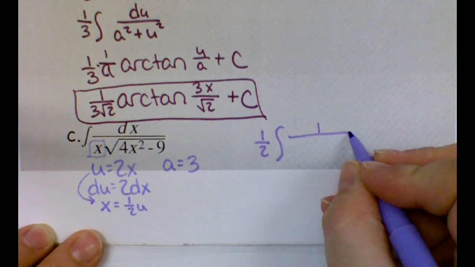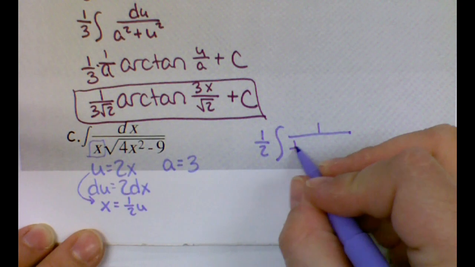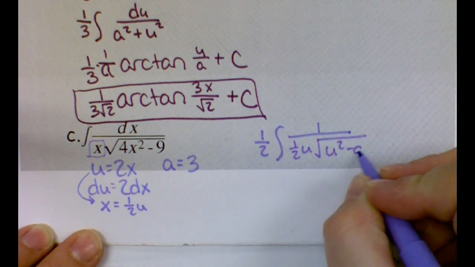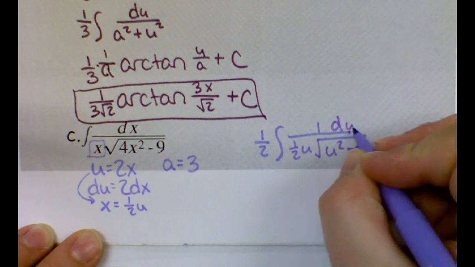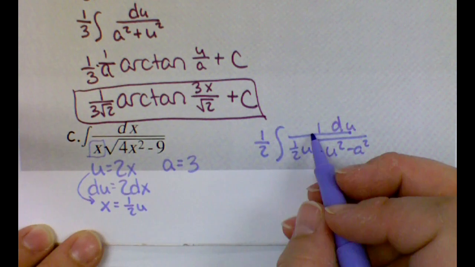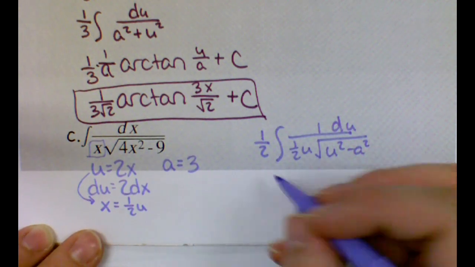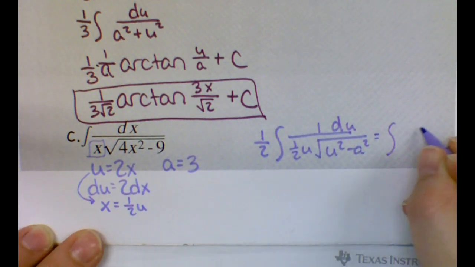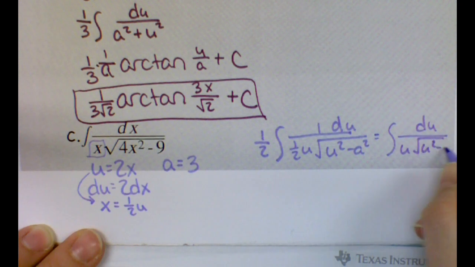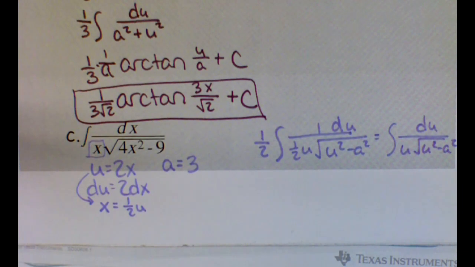1 over 1/2 of u times the square root of u squared minus a squared, and then I got my du in there. Well, 1/2 and 1/2. 1/2 divided by 1/2 is 1. Essentially, those 1/2s are going to cancel each other out. So it is a little simpler than it looked.